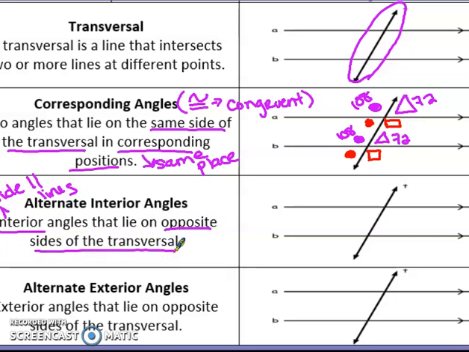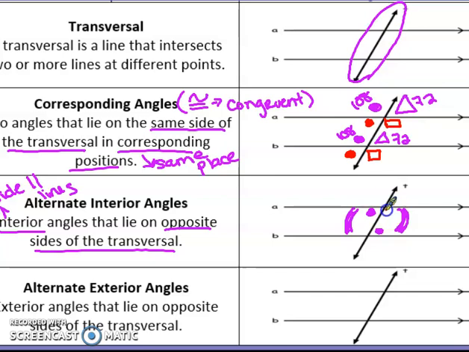So, if I have parallel lines A and B, to begin with, my interior are these 2 sides because they are inside my parallel lines. Now, for alternate interior, I have the bottom left on line A is alternate interior to the top right on B. They are opposite sides of my transversal, but they're still interior angles.